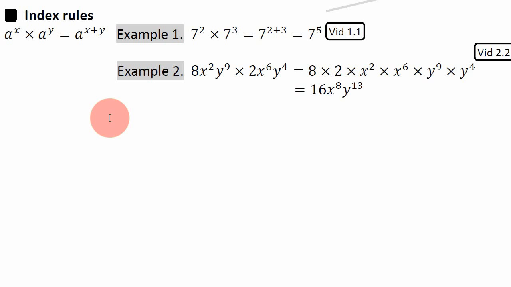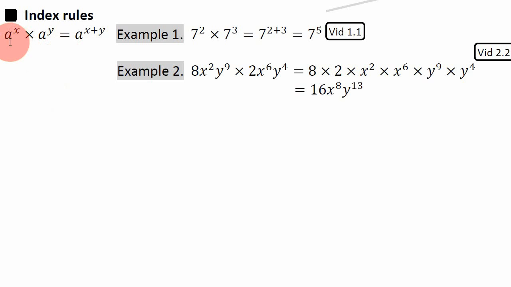So, here are some examples to show you how to multiply two numbers that have powers. What happens when you multiply numbers with powers? I'm going to show you an algebraic example first before I move on to these plain number examples. It's very quick here.